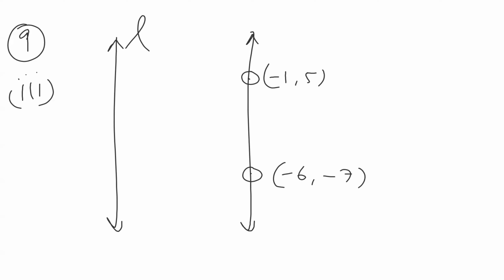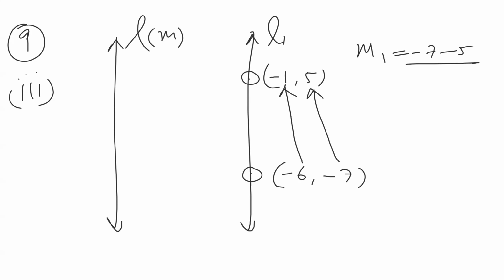So line L is parallel to L1, and we need to find m. First we'll calculate the slope of line L1, that is m1, which is y2 minus y1 upon x2 minus x1. So m1 is equal to minus 12 upon minus 5. So m1 is equal to 12 upon 5.